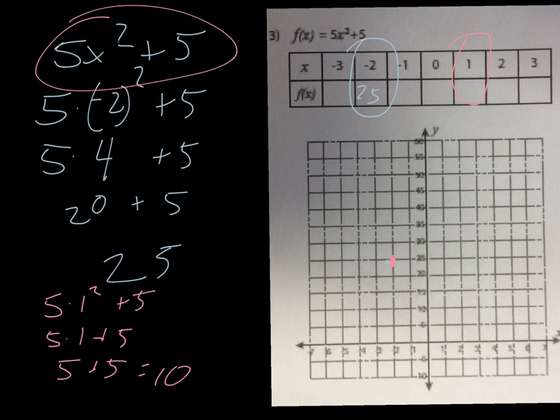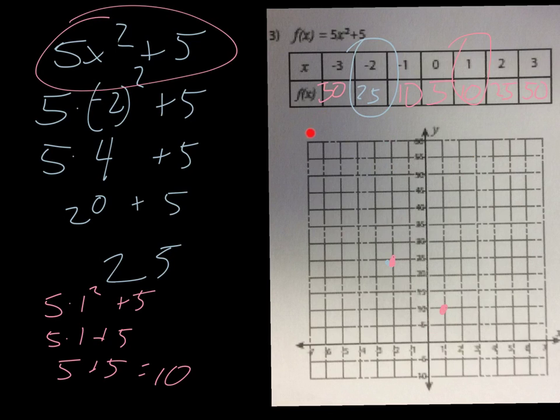So at x equals 1, my y is 10. So I go over to 1 and up to 10. So there's that point I just put right there. This point is there. This one is here. And now I'm going to plug in these other numbers. You should check my math, though.